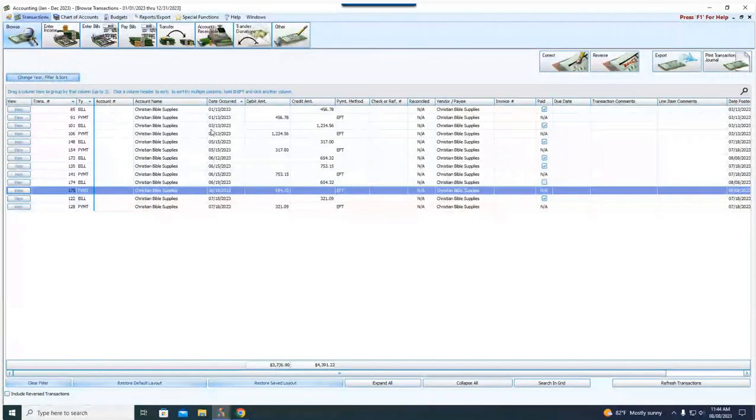This is one of the things that I say is the beauty of a payable system: when you come in and look at it from the vendor account standpoint, I can literally match up bills and payments and dates. So right here, I've got a bill and a payment in January, $456.78, a bill and a payment in March for $1,234.56, May.